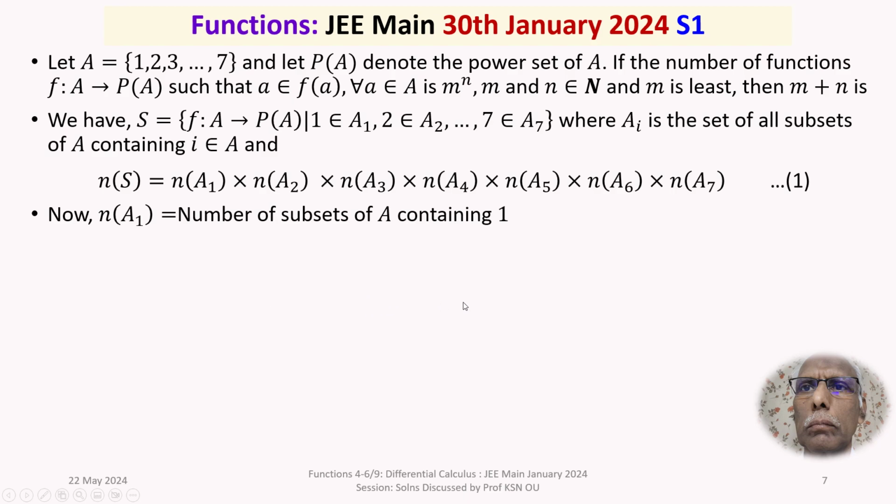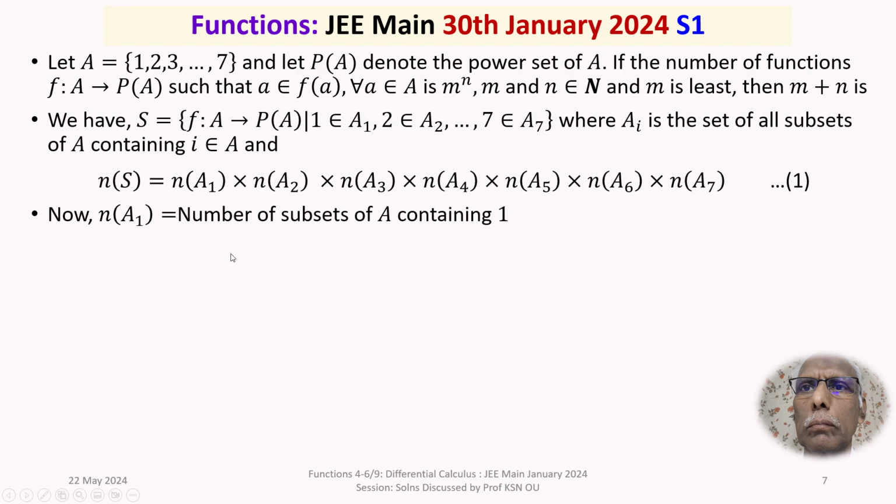Minus, consider the set 2, 3, 4, 5, 6, 7. That means we take the set A and subtract the singleton 1, A minus singleton 1. That means the set consisting of 2, 3, 4 up to 7.